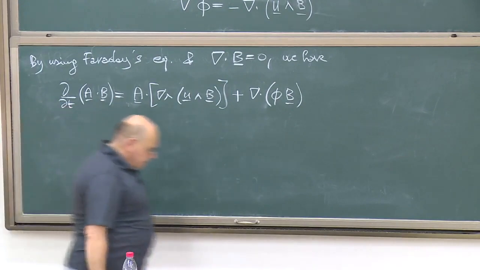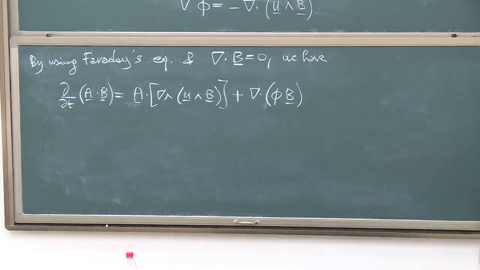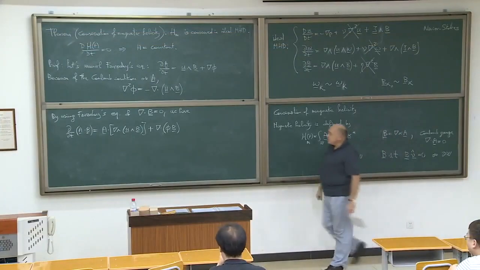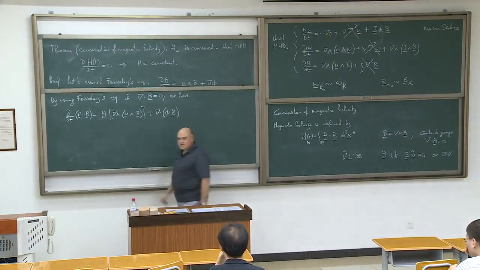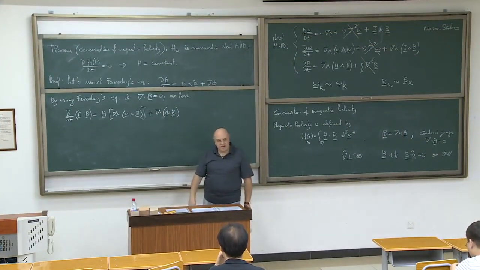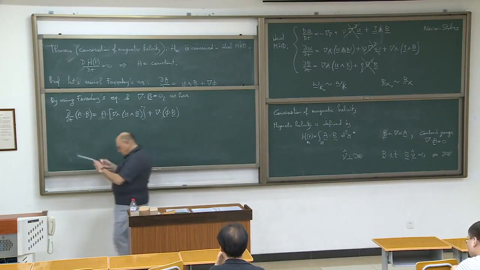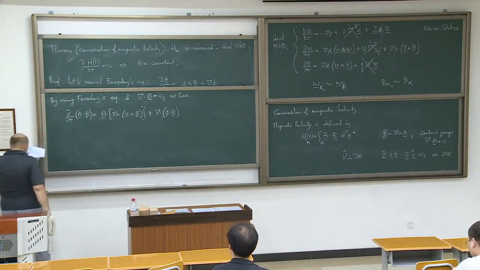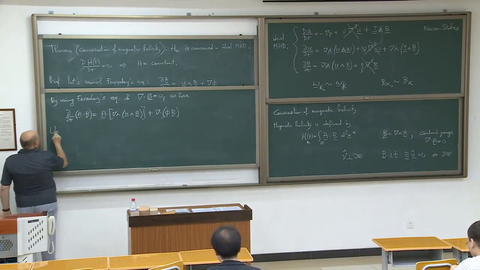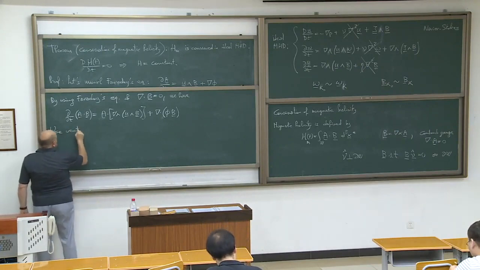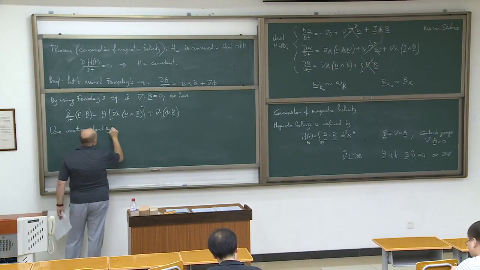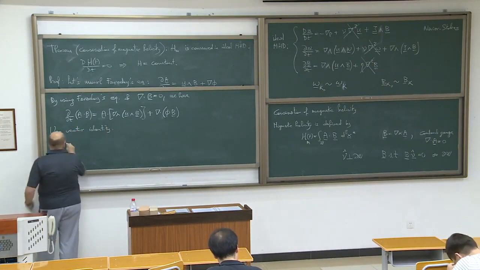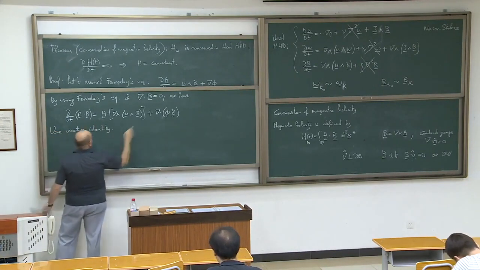And then I mentioned two days ago, probably, or yesterday, that to prove a conservation of magnetic helicity, you need a little bit of algebra or vector analysis. So we'll make use of a vector identity in the form that I write, because I want to keep track of what I wrote.